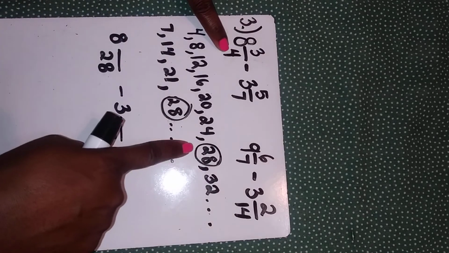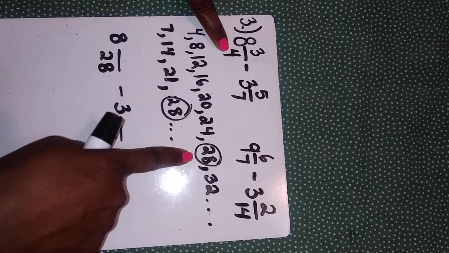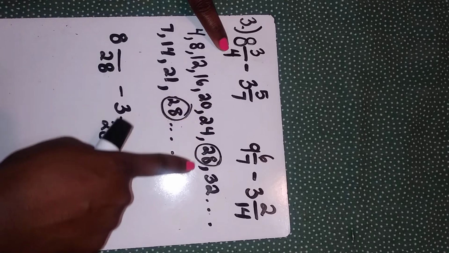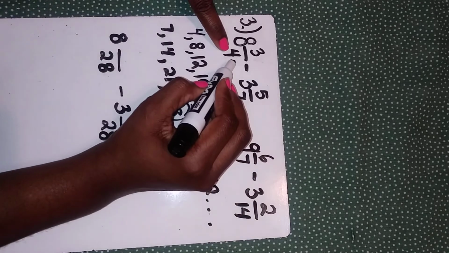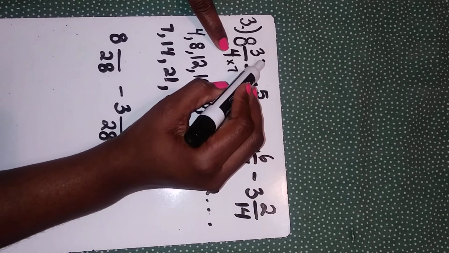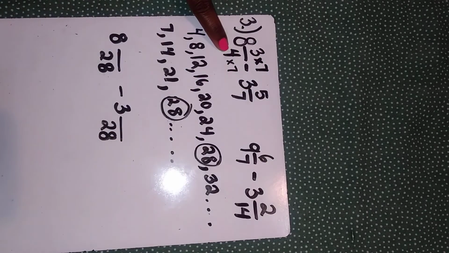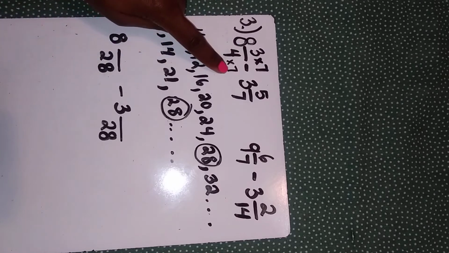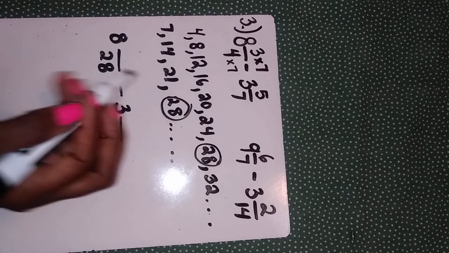I can count and see how many numbers I wrote before I got to 28. So I wrote down 1, 2, 3, 4, 5, 6, 7 numbers. So that means I got to multiply 4 by 7. And then I got to also come up here and multiply that numerator by 7. Or you can ask yourself, 4 times what gives me 28? 4 times 7. So if I multiply the denominator by 7, the numerator also got to be multiplied by 7.